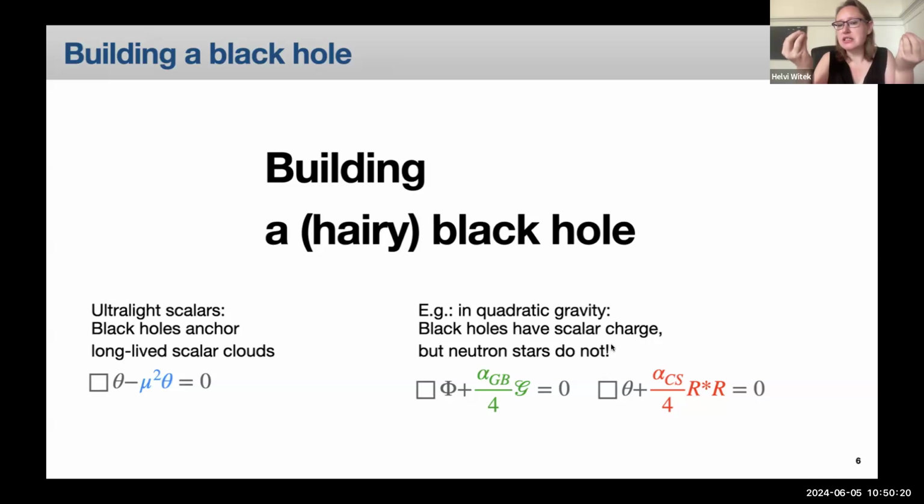And neutron stars do not have this term. They do have a scalar field around them, but with a higher order in 1/r. So one question one might ask now is, how do we actually form such a black hole with a scalar charge from stellar collapse? If I just tell you a star does not have this charge and a black hole has, what causes this charge?